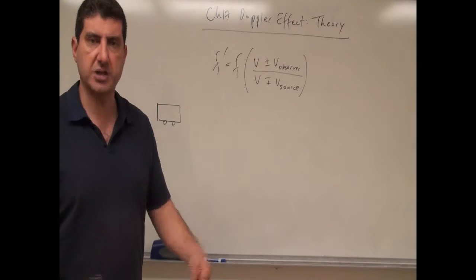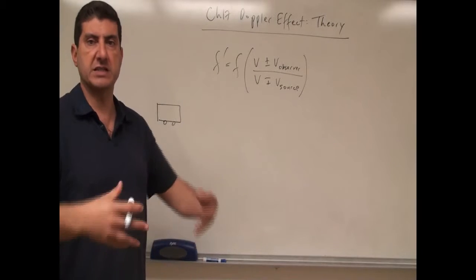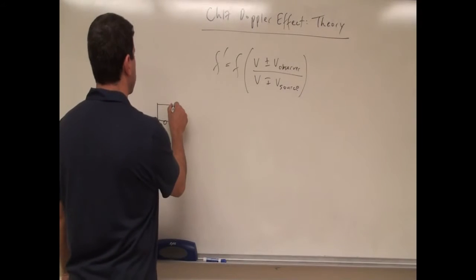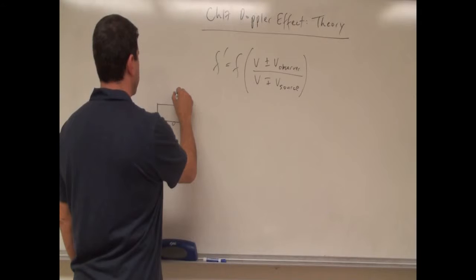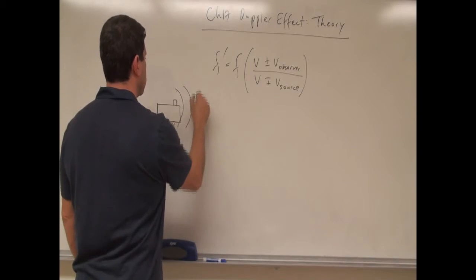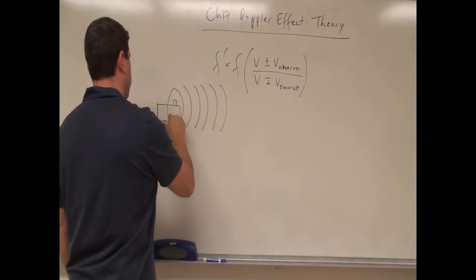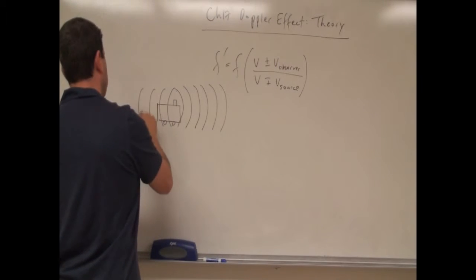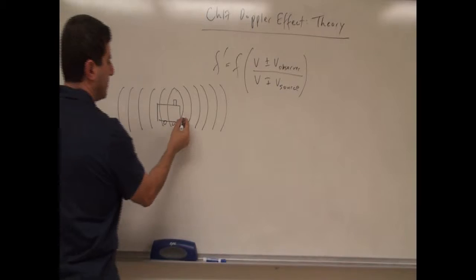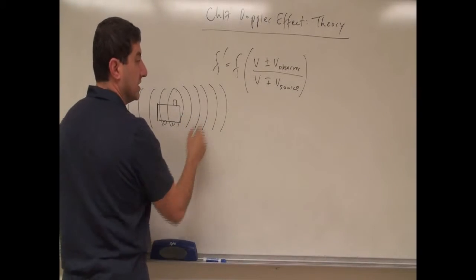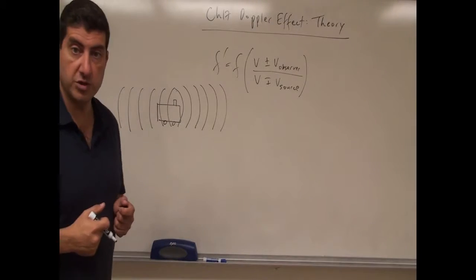It could be a fire truck, it could be a speaker, it could be anything that's just standing still. Okay, so imagine it's a fire truck like this, and it's producing sound waves of a certain wavelength, right? The distance between peak to peak is called the wavelength, right?